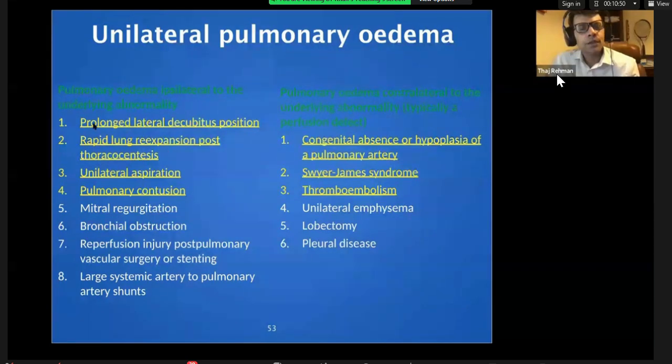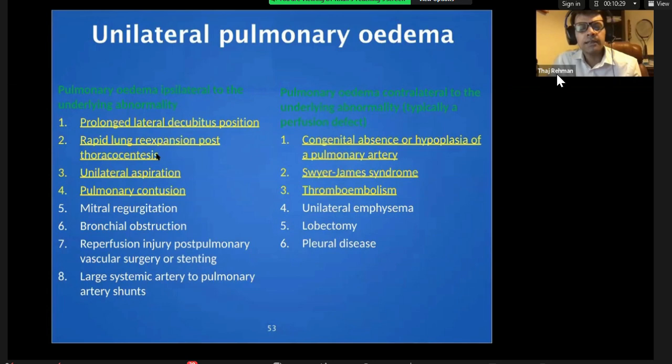Okay. So the first one is your diagnosis, prolonged lateral decubitus position. But because there is a chest drain, you can consider rapid lung re-expansion post thoracocentesis, which is the diagnosis in that case. They put a drain and then drained more than 1 liter of fluid.